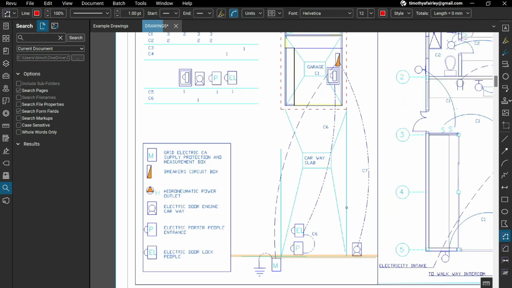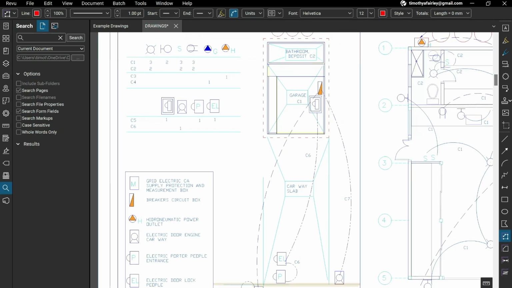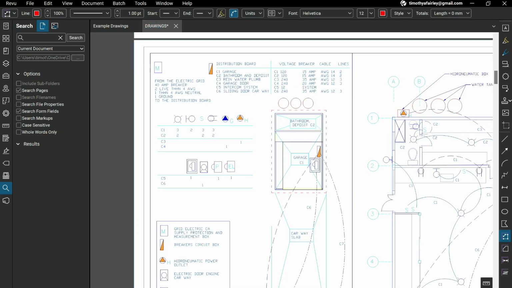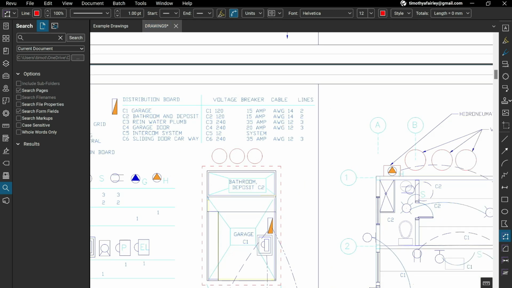What other external cabling is there? Then we'll just do this one circuit by circuit.